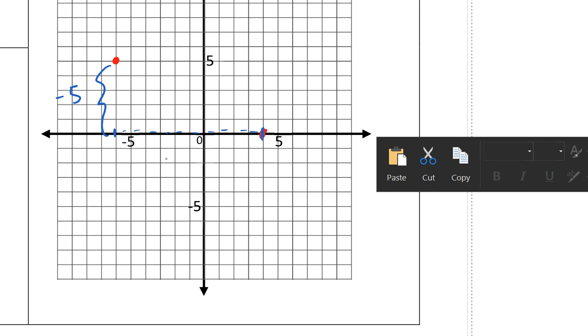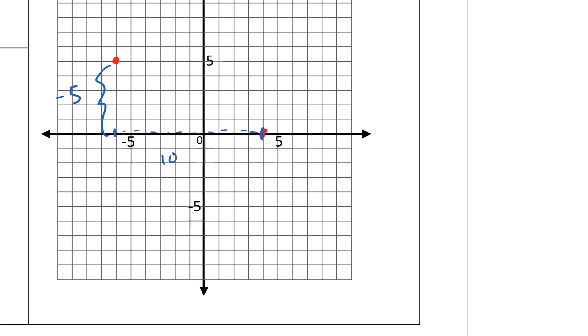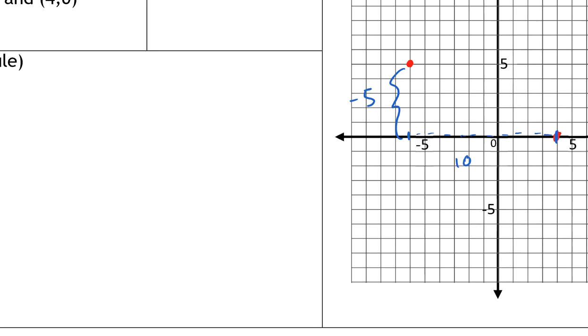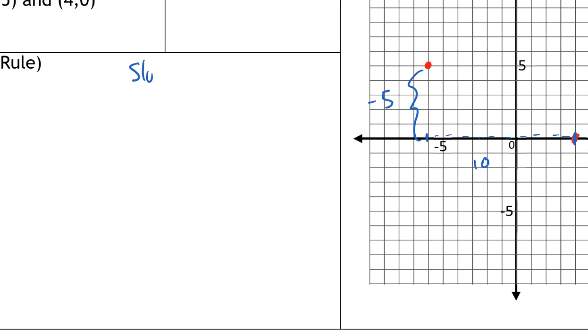So this is +10 units for my change in x. If I think about the slope ratio, it's the vertical change over the horizontal change, so I could take this -5 over 10. My slope should be -5 over 10, which reduces to -1/2. So I've got a slope of -1/2.